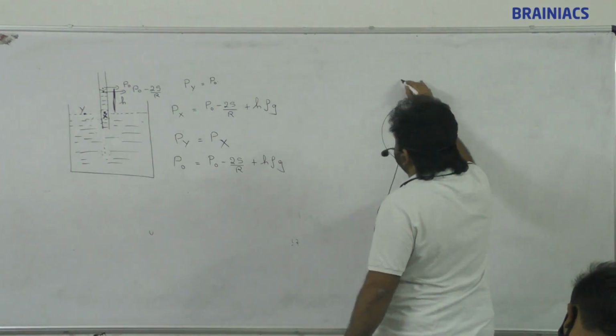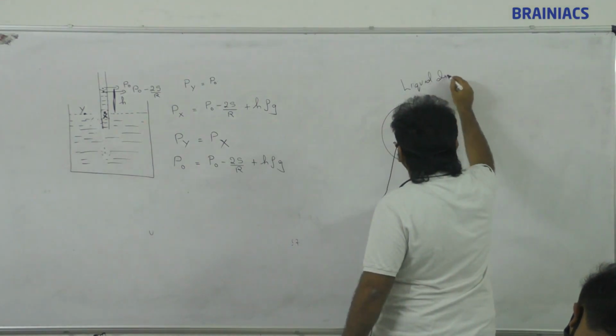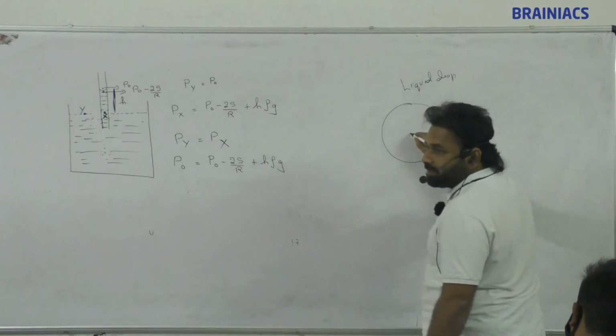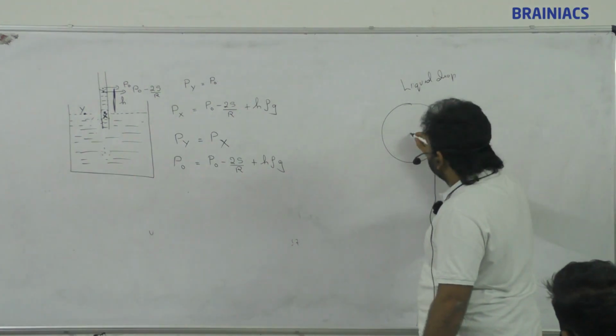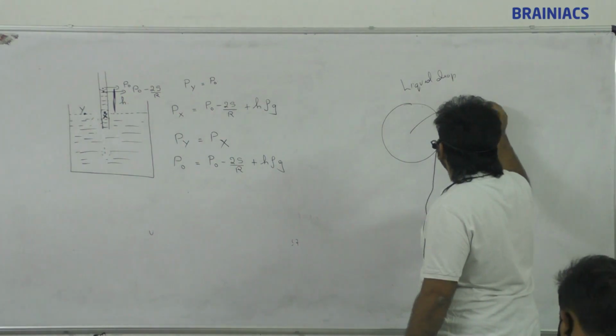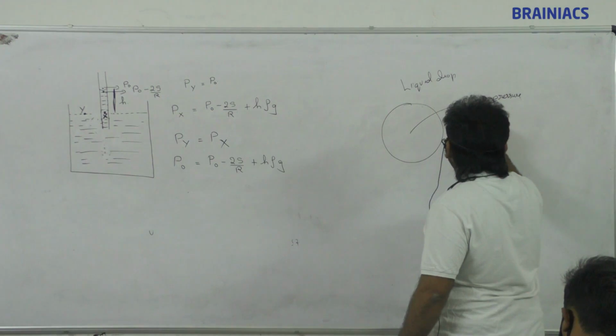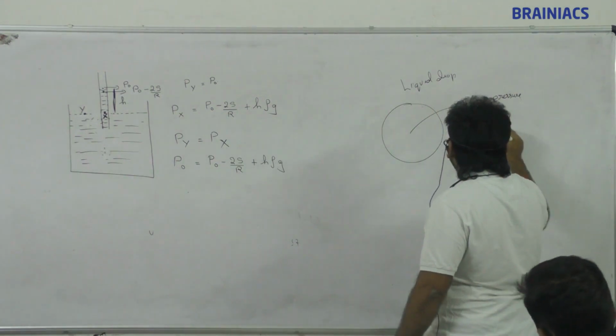In a liquid drop, what is the pressure inside? The excess pressure is 2s by r.